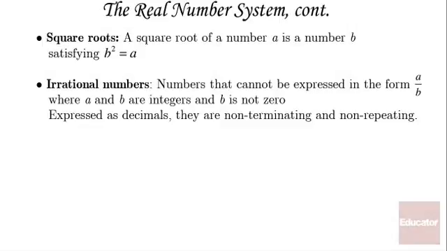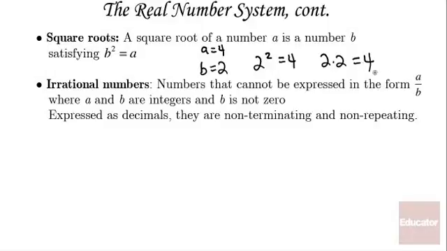A couple of other definitions. Square roots. We define a square root of a number A as a number B satisfying B squared equals A. This is much easier to understand when you plug in some numbers. For example, if I let A equal 4, then B is going to equal 2, because 2 squared equals 4, or 2 times 2 equals 4.